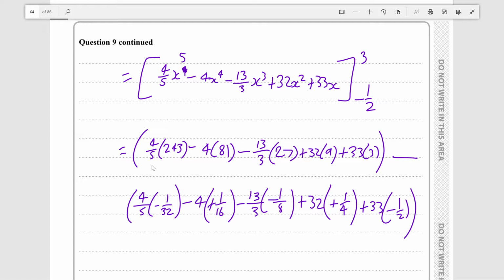That brings us to negative 246.6, and then plus 32 times 9, so that's 41.4, and then plus 33 times 3, so plus 99, which brings us to 140.4. So this top expression is equivalent to 140.4.